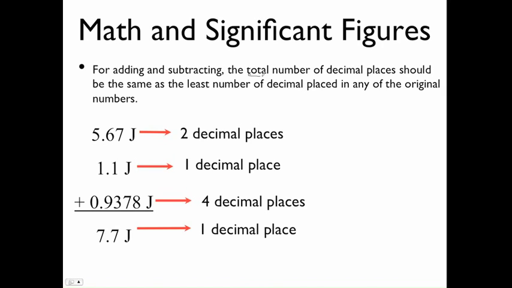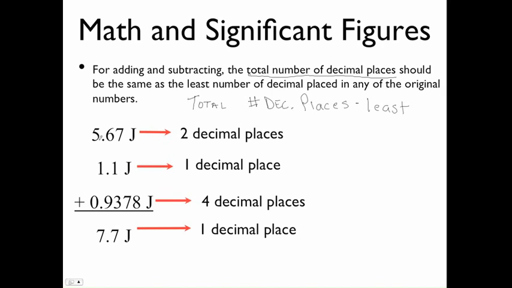All they care about with adding and subtracting is the total number of decimal places. Okay, so remember, multiplying and dividing was total number of significant figures, regardless of whether they were decimals or not. This is total number of decimal places, and you want the least. Your answer cannot have any more than the least amount of decimal places.